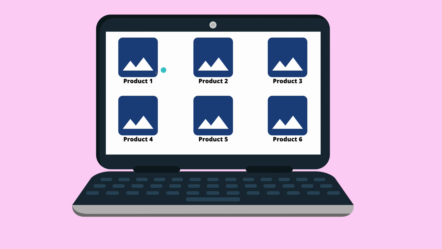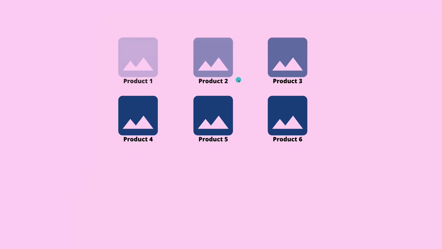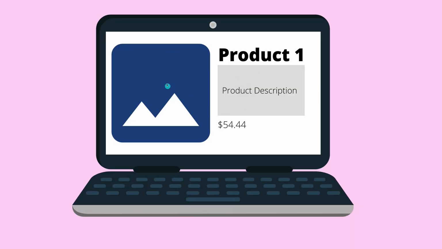So one page would be listing all of our products. We have a product image as well as the product name. So we're listing the products, and when somebody clicks on a particular product, what happens is they get redirected to the product page. Over here we have the image, the title, some product description, and the price.